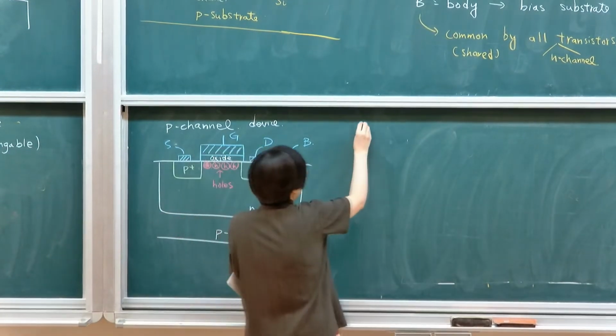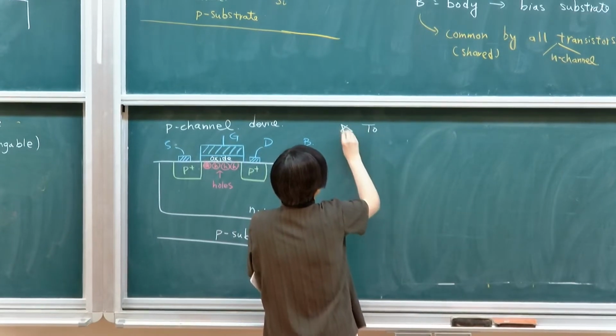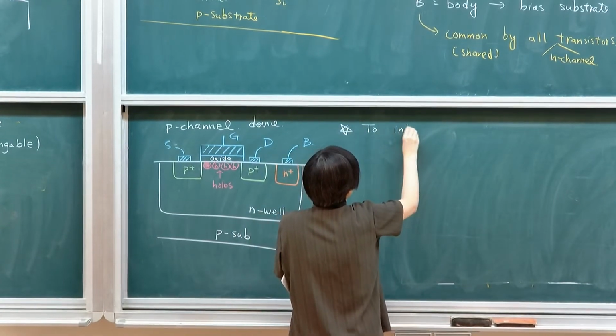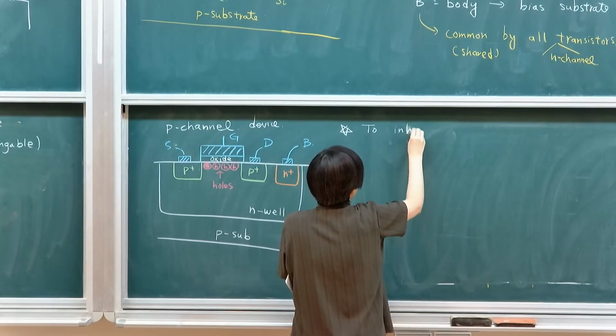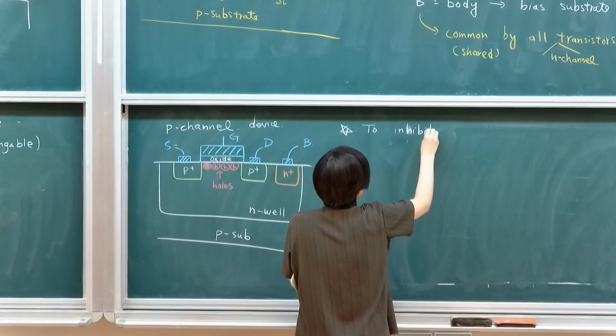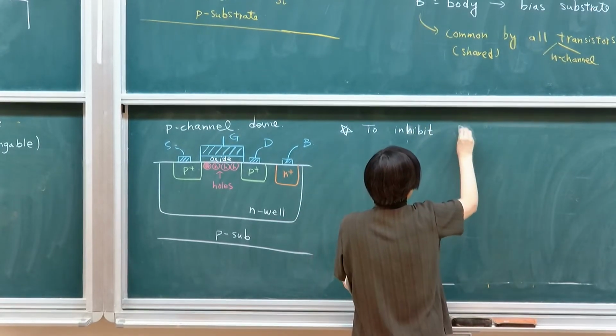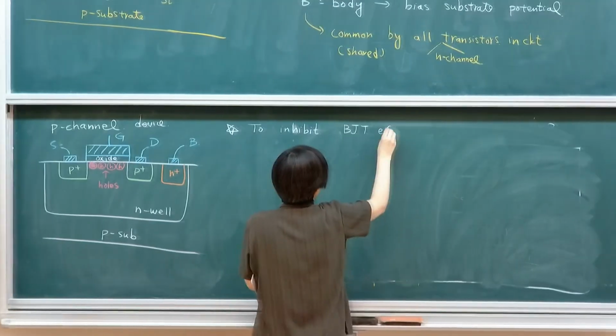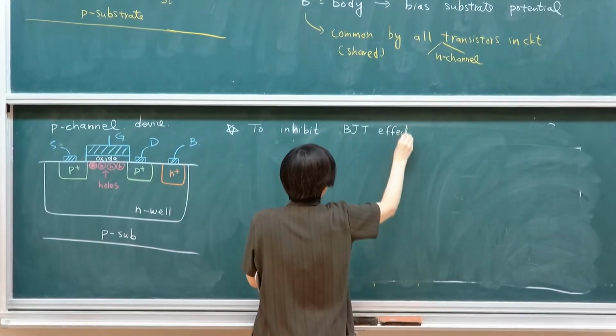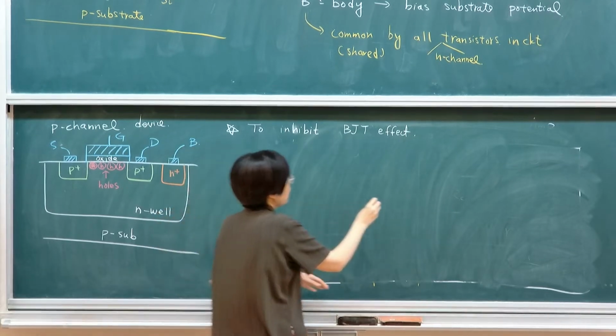So to inhibit the BJT effect, you want to turn it off.